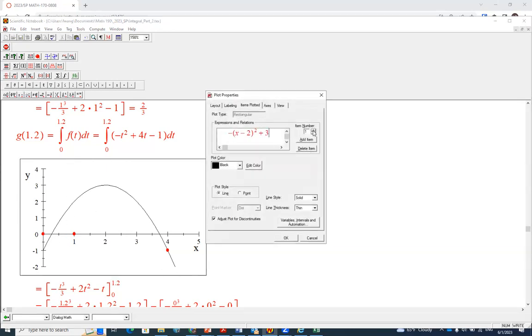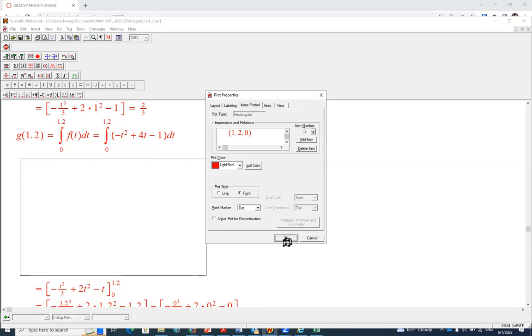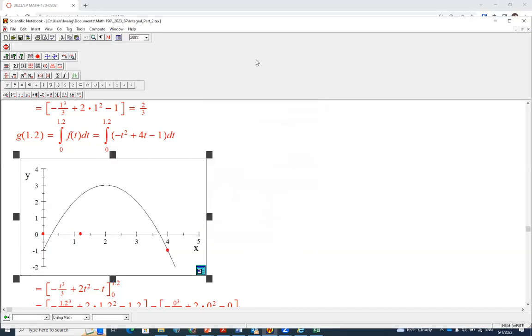This time the point is going to be 1.2. So the area between 1.2 and 0 is this little area plus this area.